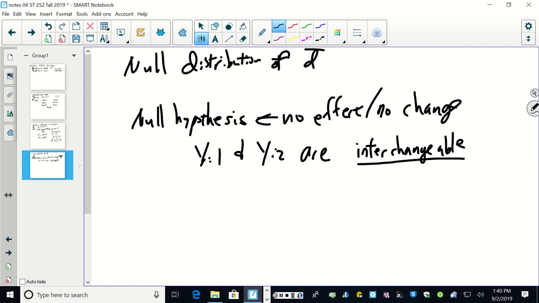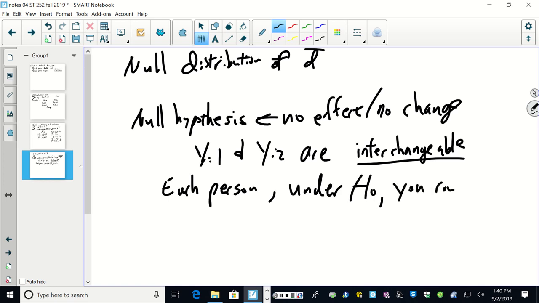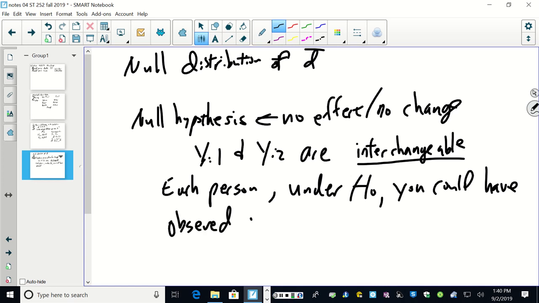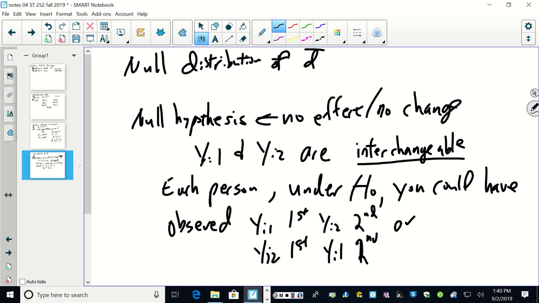So for each person, under the null hypothesis, you could have observed either yi1 as the first and yi2 as the second, or yi2 in the first spot and then yi1 in the second spot, so switching them.